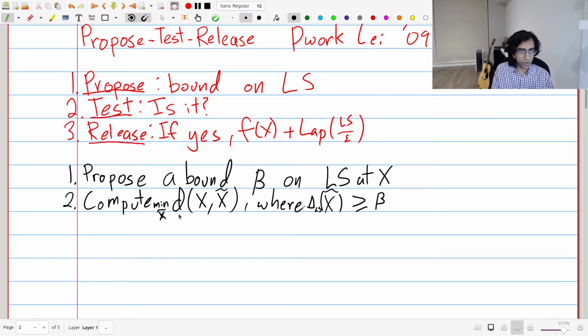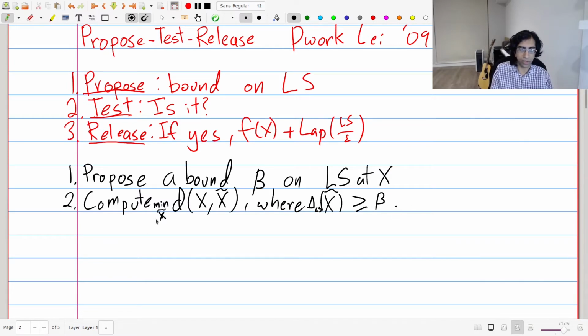Note first of all that this could just be a distance 0. For example, if the data set itself has high local sensitivity, then it'll just be 0. But we're asking: what is the distance to the closest one which has high sensitivity? Is it far away? We'd hope it's far away, but let's see.